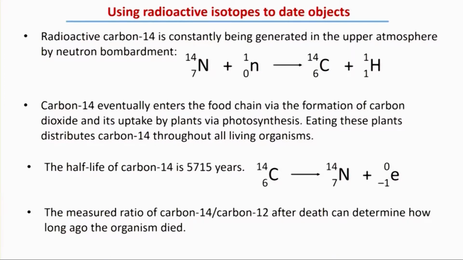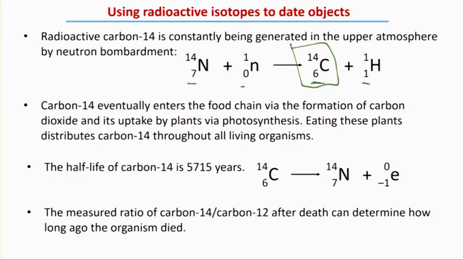You can see here that the atomic number goes down to a 6, a proton is given off, and the mass number has stayed the same. So a neutron bombards a nitrogen, and now we have made this isotope carbon-14.